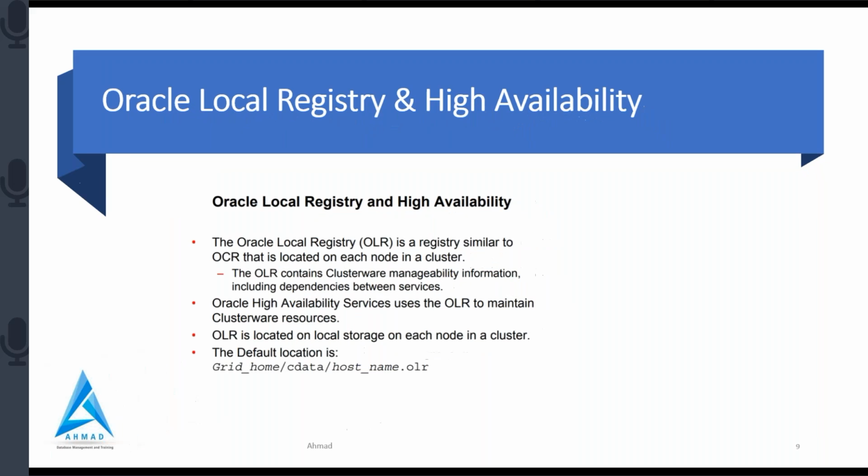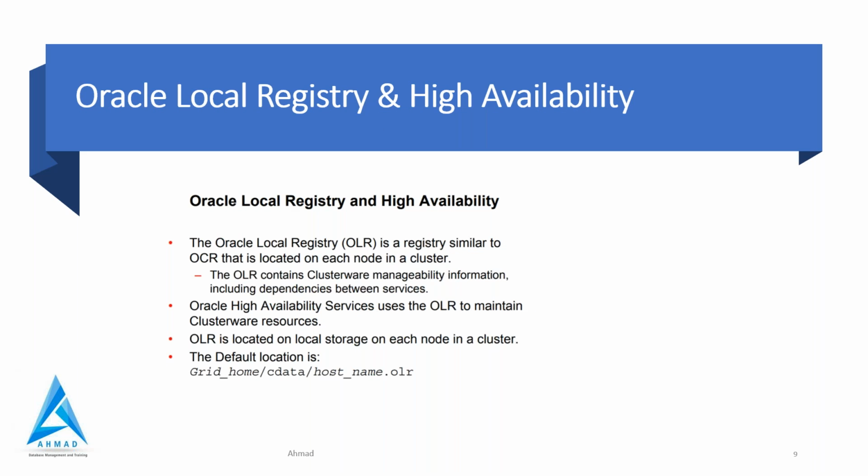Got it? Now, why does OLR come into the picture? Oracle High Availability Services uses the OLR to maintain clusterware resources, and OLR is located on local storage on each node. It contains manageability information about Oracle Clusterware and dependencies between various services.